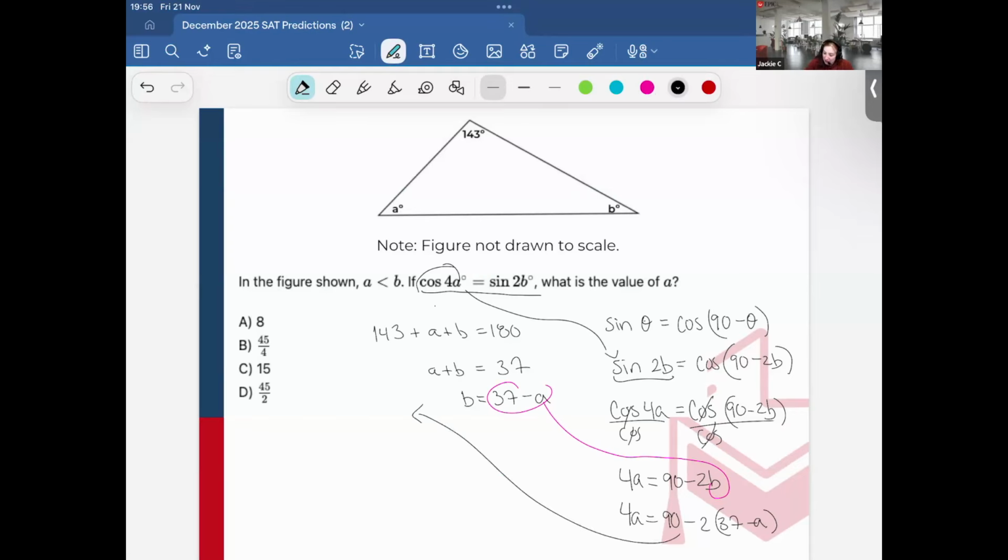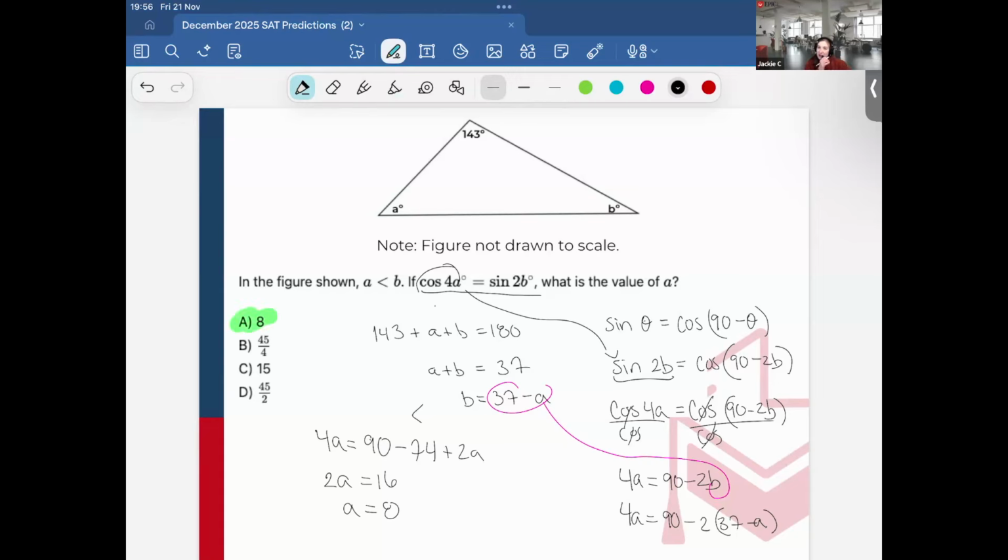So that's going to be 4a is equal to 90, 2 times 37 is 74, minus 74. And then it's negative 2 times negative a, so that's going to be positive 2a. So then we'll get that 2a is equal to 16. And then divide each side by 2, and we get that a is equal to 8.